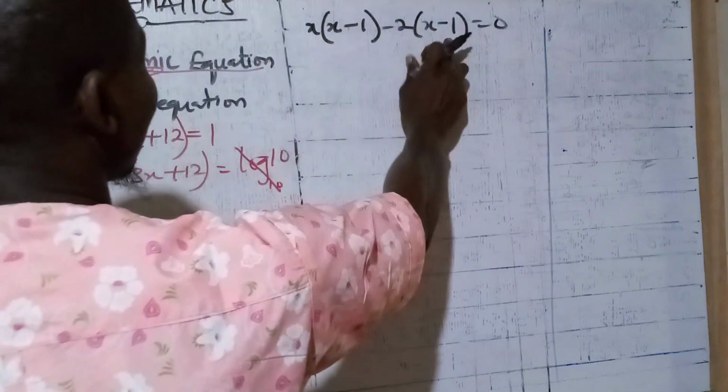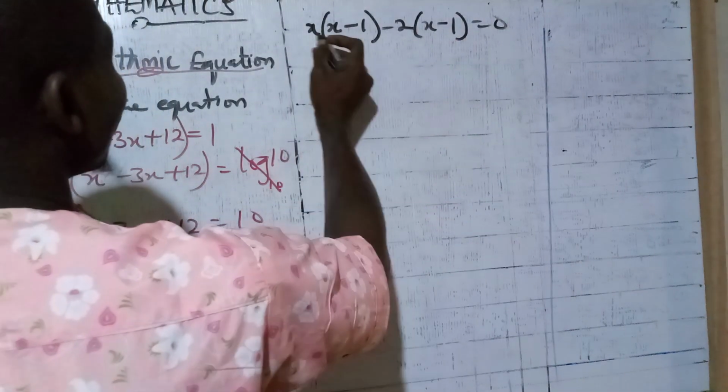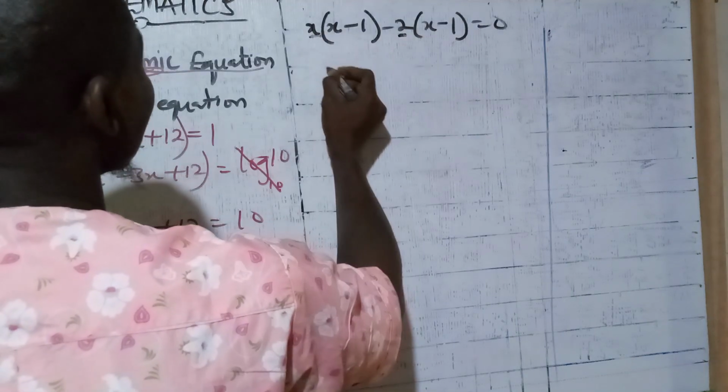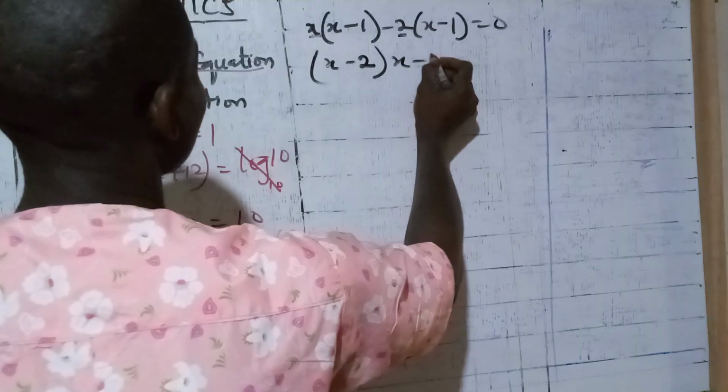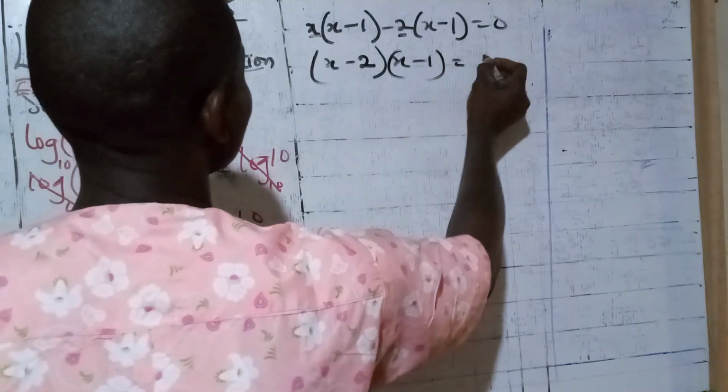So since what we have here and here is the same, we just bring these two together as s minus 2, then s minus 1, then everything equals 0.